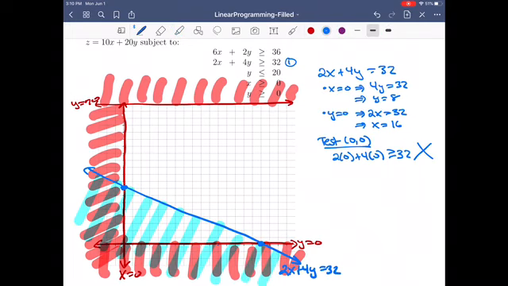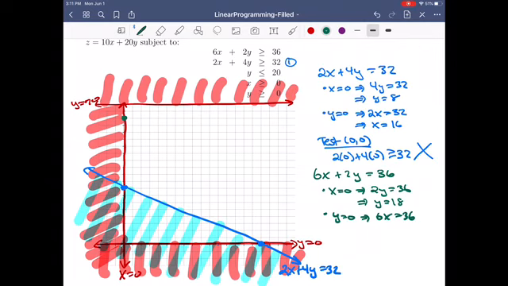Okay, now I want to do the other one. So 6x plus 2y equals 36. X equals 0 means 2y equals 36, which is y is 18. So I get a point up there. Y equals 0 means 6x equals 36, which means x is 6. So I get a point down here. Okay, connect those points.